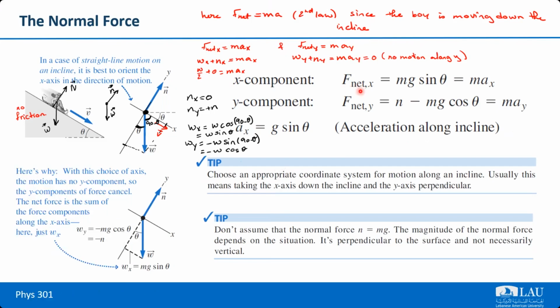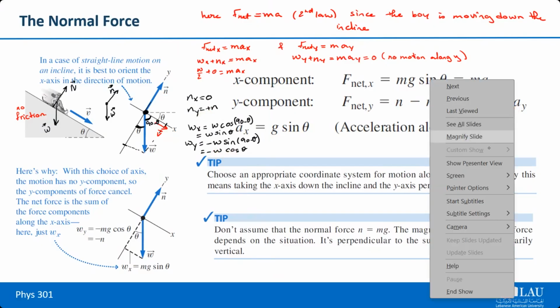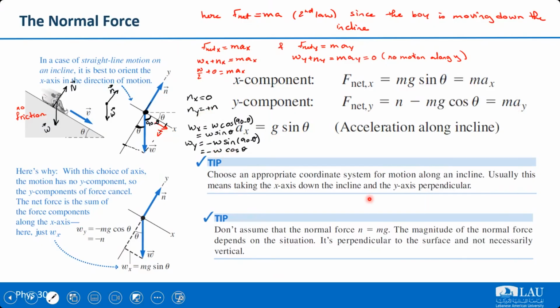F net x is going to be equal to the x components of the forces, which are 0 plus w sine theta, which is w sine theta only, and this is equal to max. Along the y direction, I have plus n minus w cosine theta. So I'll put plus n minus w cosine theta. This is equal to may. I will deduce here the acceleration of this object.